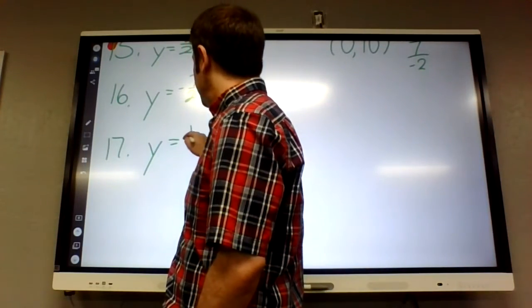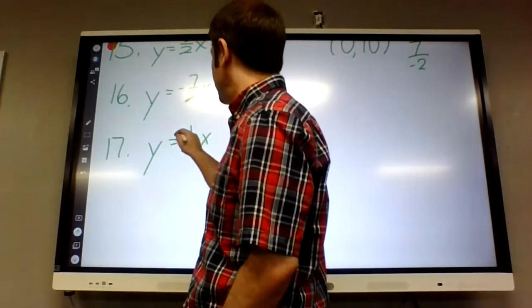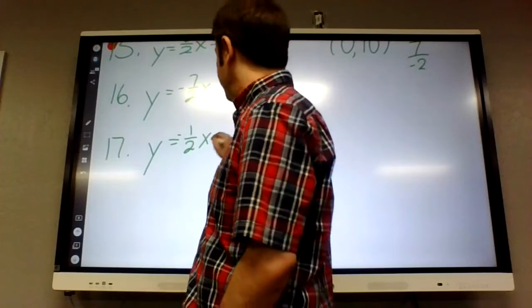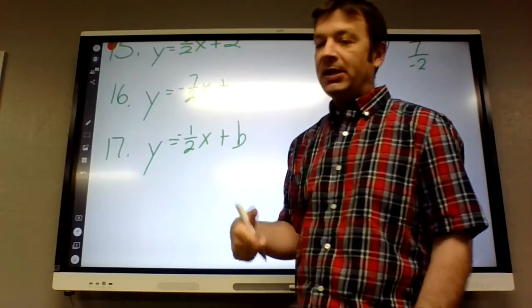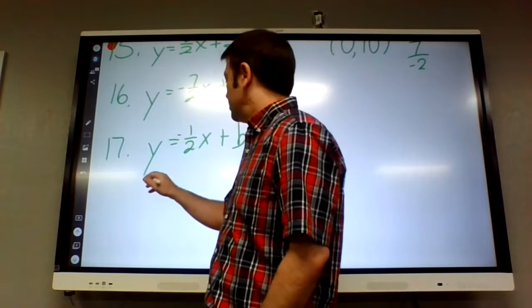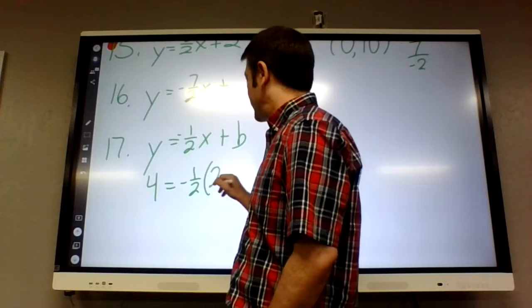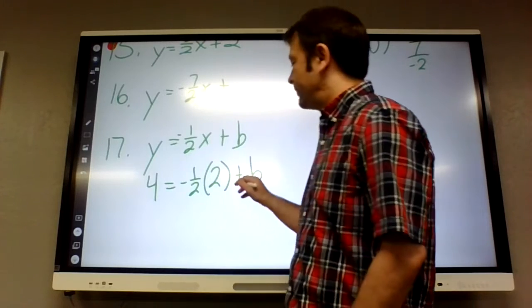You just plug in the slope into y equals mx plus b. It's supposed to be negative. And then you plug in the x and the y that they gave us, 2 and 4. 4 is the y value, 2 is the x value, and you solve that for b.